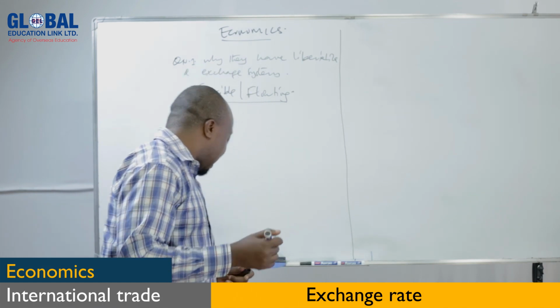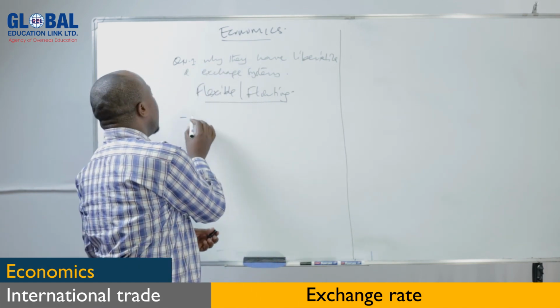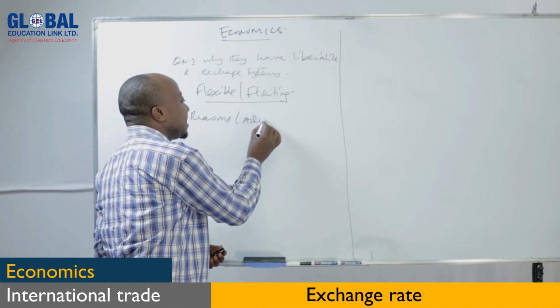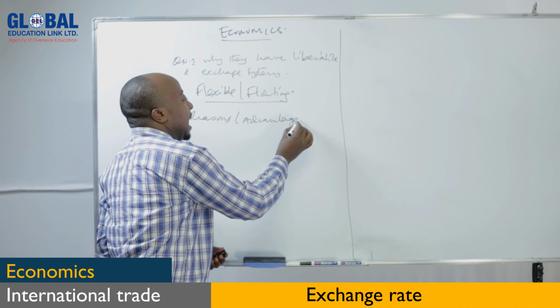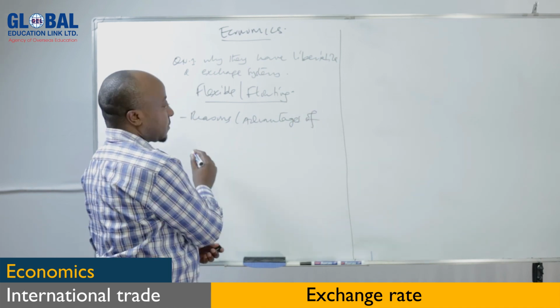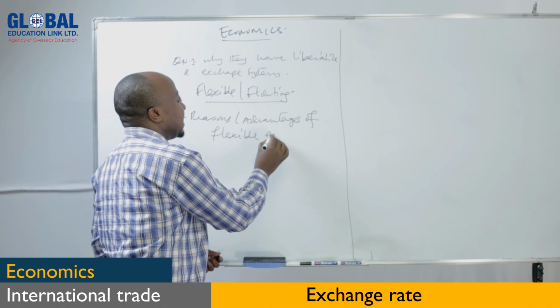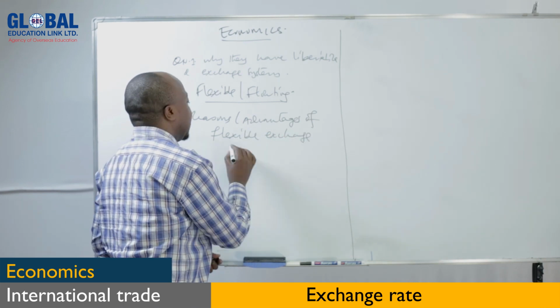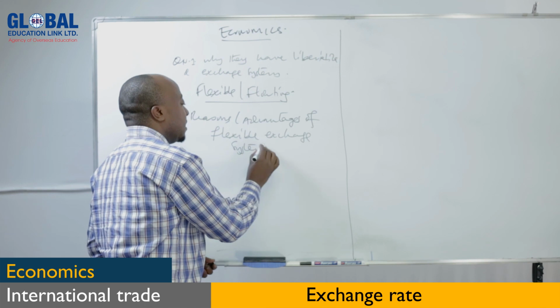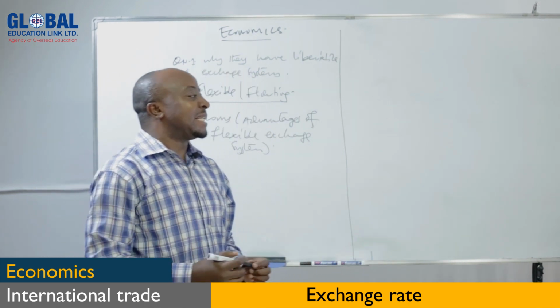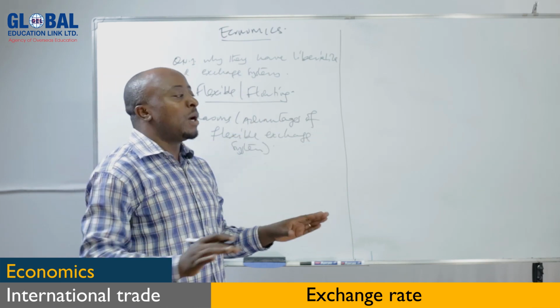It means the question demands you to show the reasons, which will use the advantages of a flexible exchange system, most of them, but probably why they have made the exchange rate system completely free.